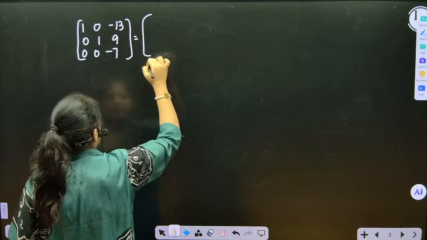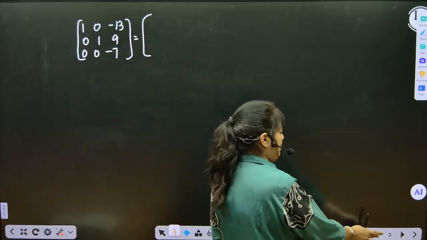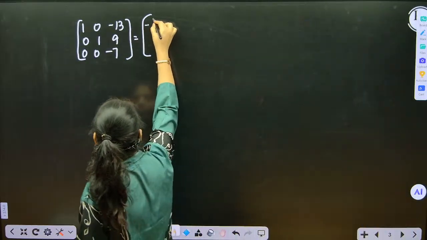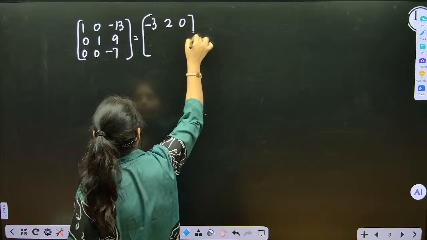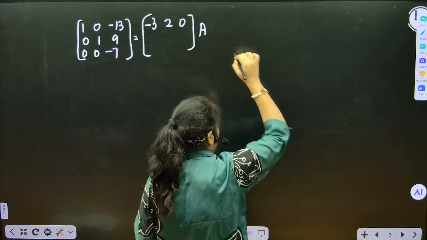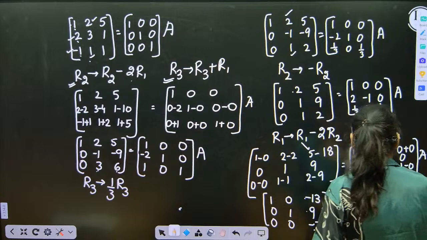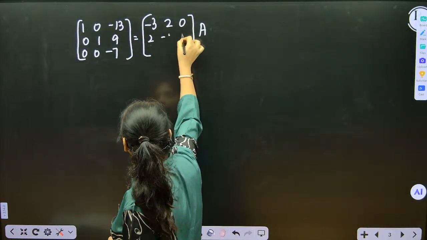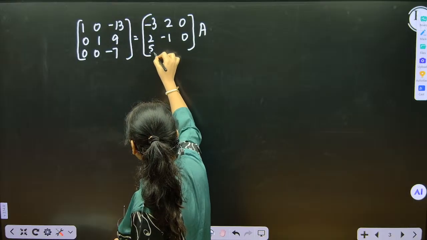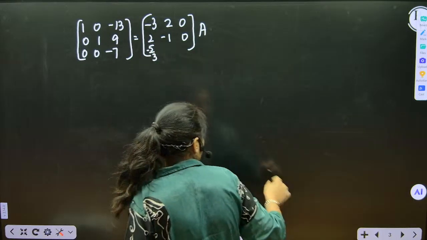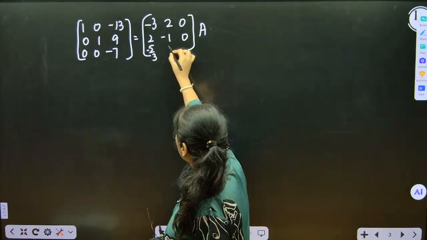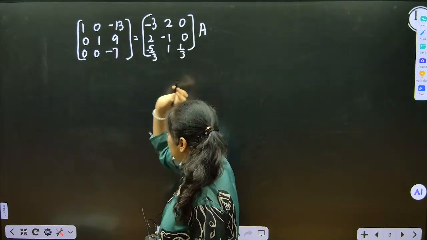And this matrix was minus 3 2 0, 2 minus 1 0, 5 by 3 with minus sign, 1 1 by 3, 1 1 by 3.